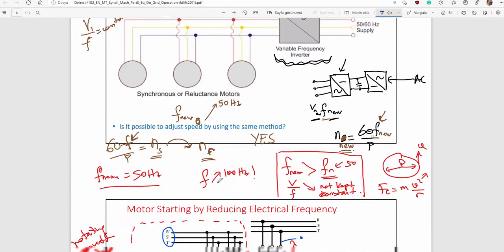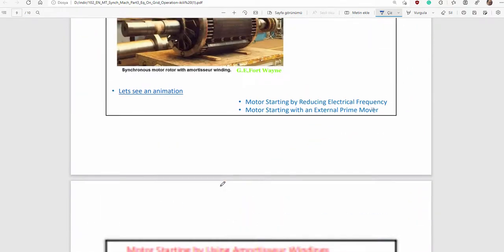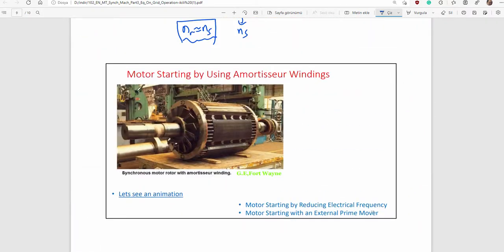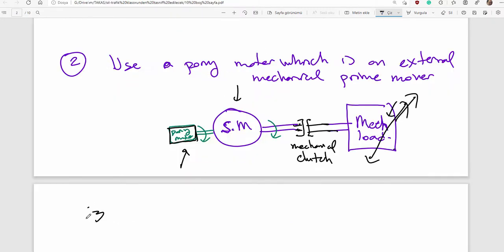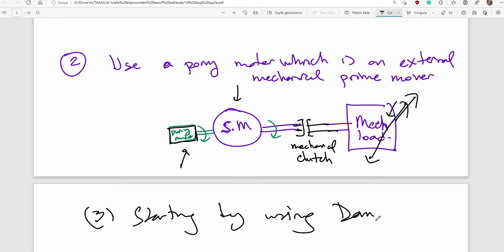Okay, how it would be, let's check it out. Starting by using amortisseur windings, or damper windings.